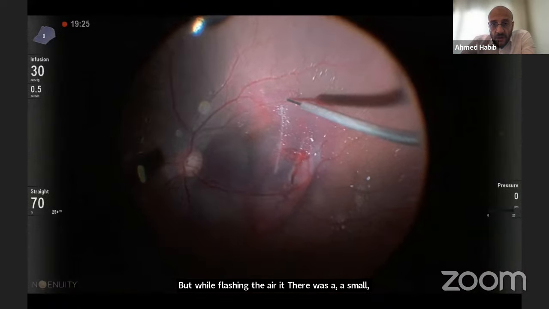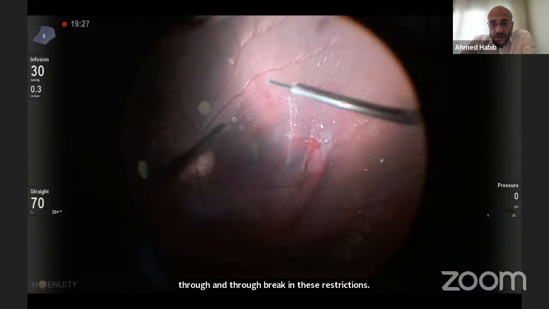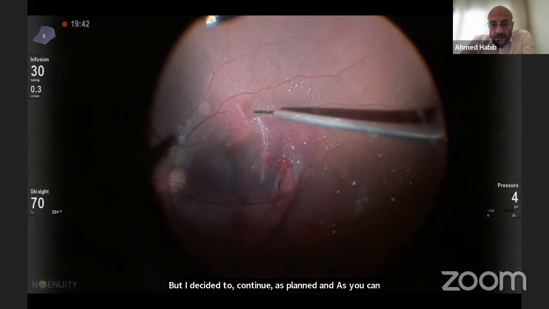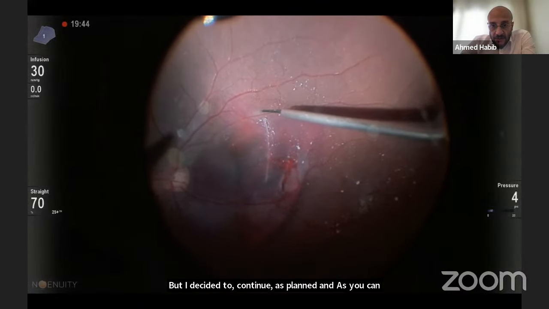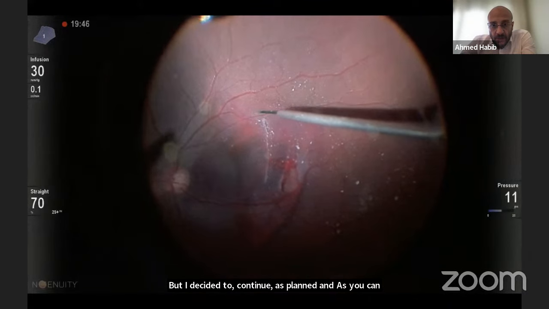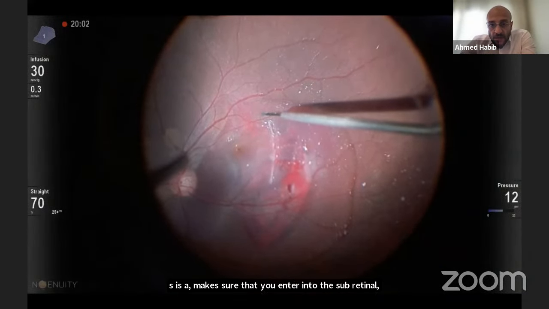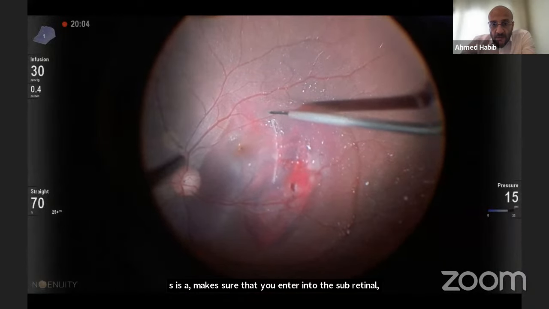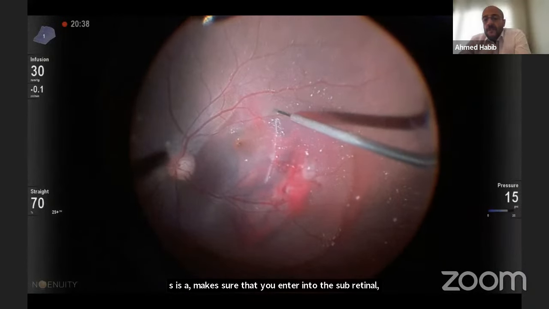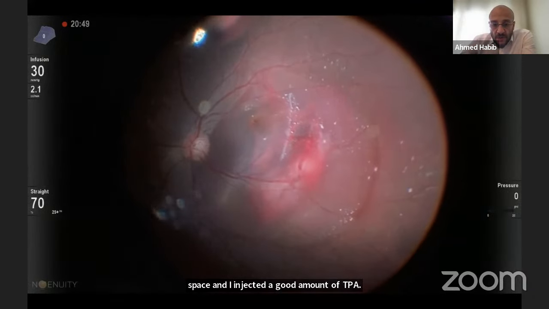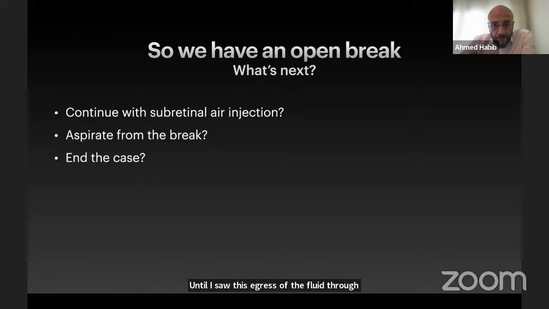But I decided to continue as planned, and as you can see, I bent this. This is a nice trick that makes sure that you enter into the subretinal space, and I injected a good amount of TPA until I saw this egress of the fluid through this small hole.